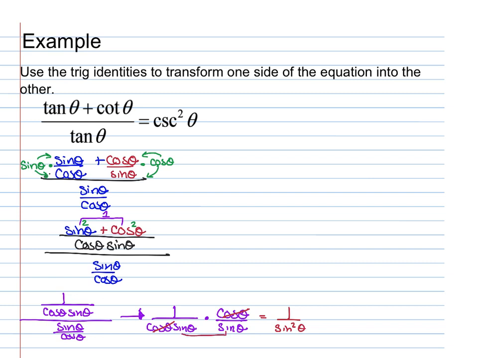So this sine times this sine gives me sine squared theta. And we know that 1 over sine squared theta is the identity of cosecant squared theta, because we know that 1 over sine is equal to cosecant of theta. Same thing.